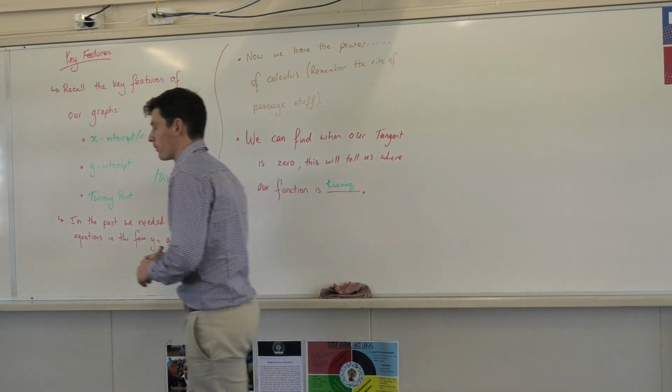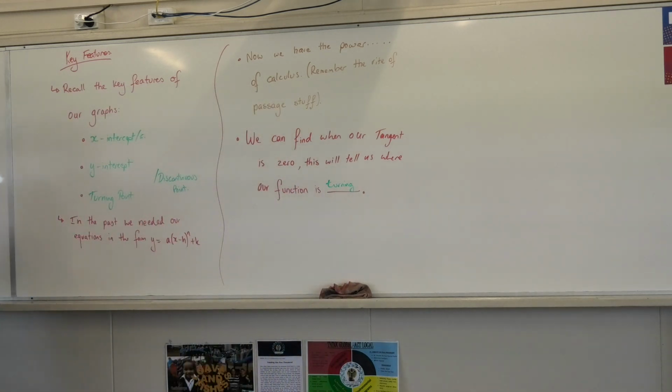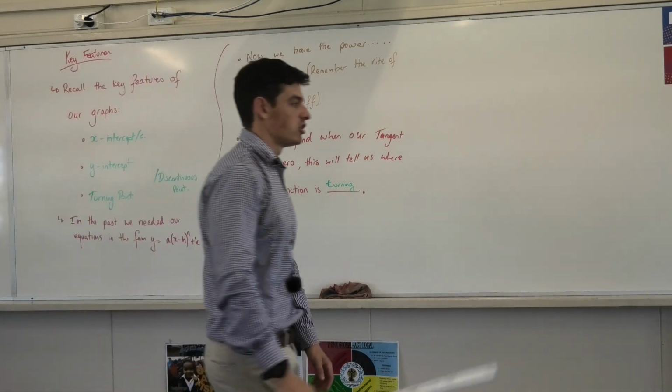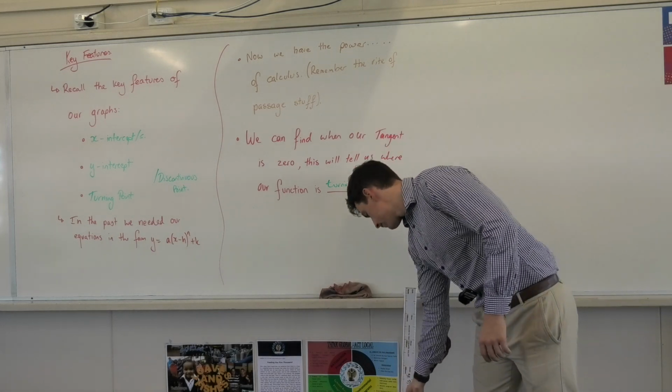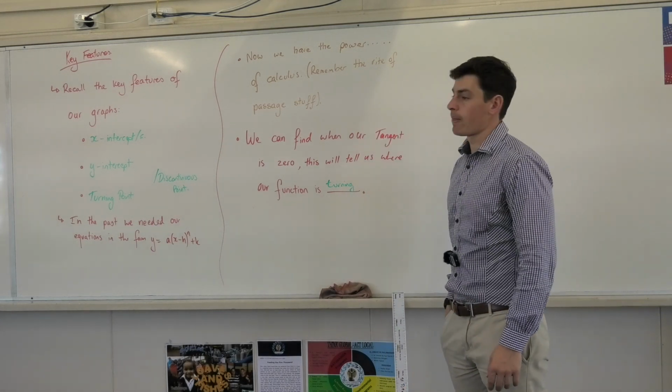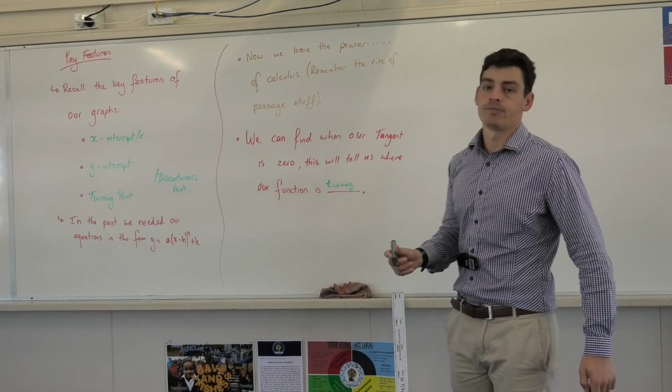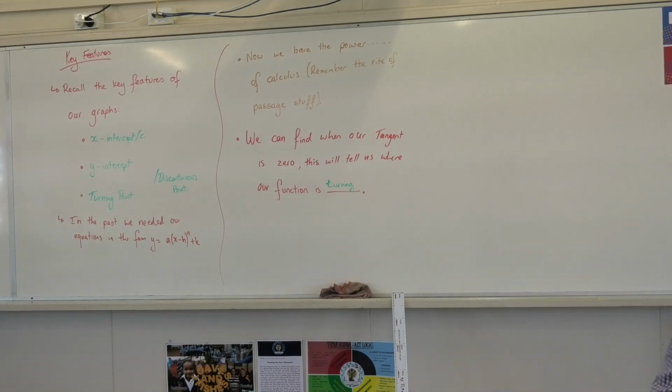How does that work? What I want you to do is to draw a polynomial of order 2, 3, 4, 5, 6, 7, 8, 9. You get the idea. Any integer number greater than 1. Draw me a polynomial of that order. I'll give us an example.